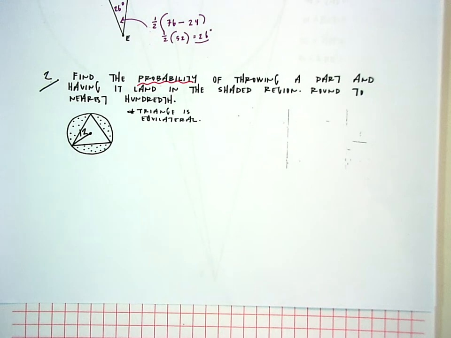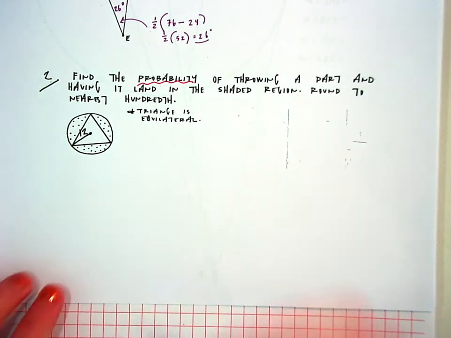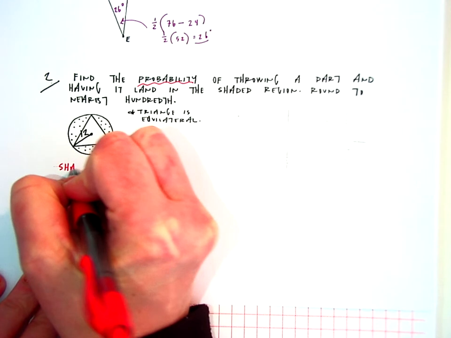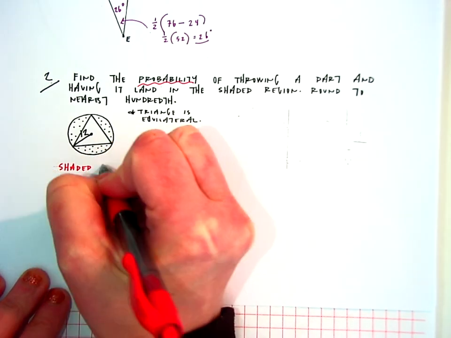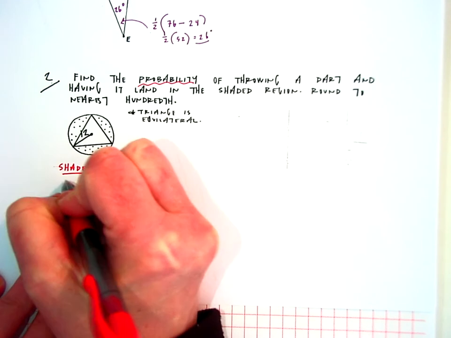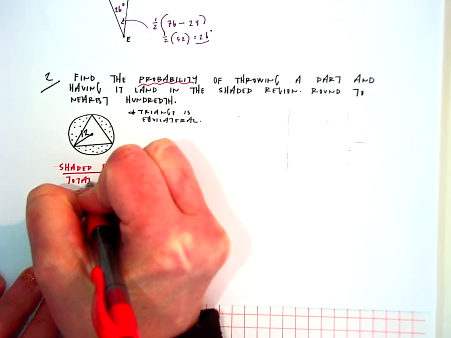So here I just need to think, well, how do I get to the probability? Well, my probability is always going to be the area of my shaded region, and I divide that by the total area.